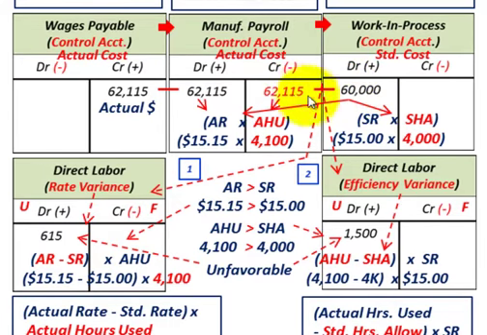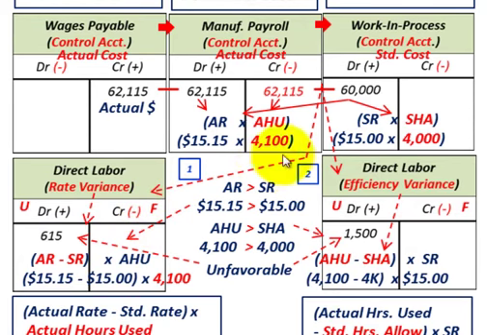So you know that you're going to have some variances, and the variances are going to be $2,115, and they're going to have to be split between either your direct labor rate variance or your direct labor efficiency variance. And you could have the case where, remember, your rate variances could be unfavorable, your efficiency variances could be favorable, or vice versa, or they both could be unfavorable or both favorable.